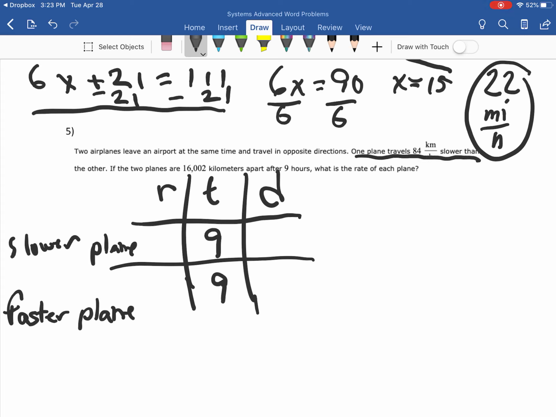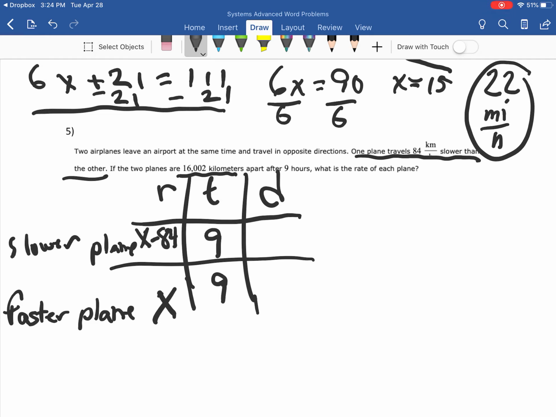Let's think about what this sentence means. All right. So the slower plane goes 84 slower than the other one, than the faster plane. So if I call the faster plane x, the slower plane 84 slower than that is going to be x minus 84. Okay, and the 16,002, again, doesn't tell us about their individual distance, it tells us about their total distance.